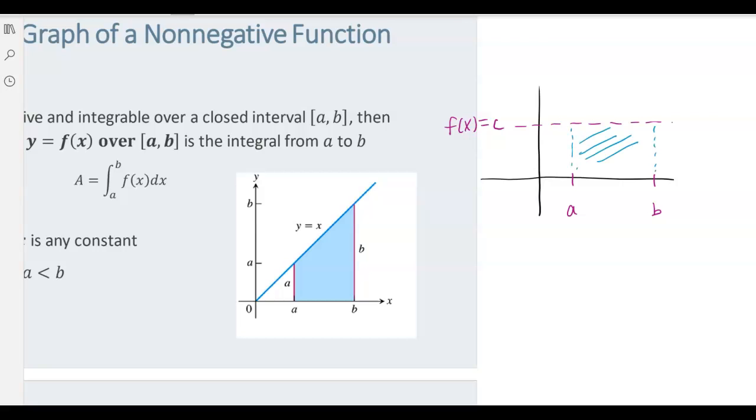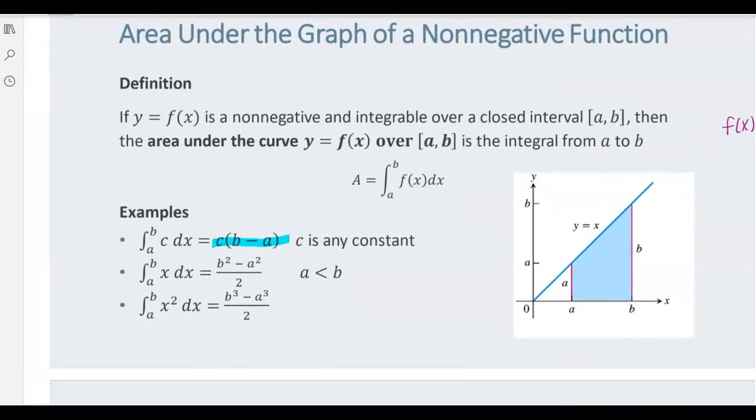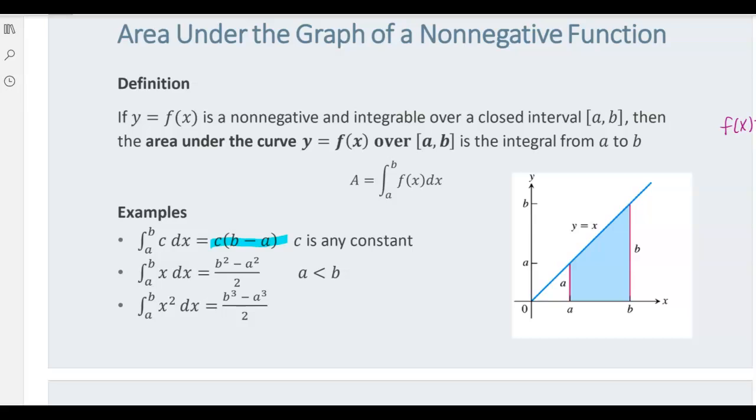We're talking about the area that is this rectangle. Well, the way that I would calculate this rectangle, I would take the height, which is c, and then I would take the base, which is b minus a. So it's just saying here that if I take c multiplied by b minus a, that will give me the area under the curve between those two values.